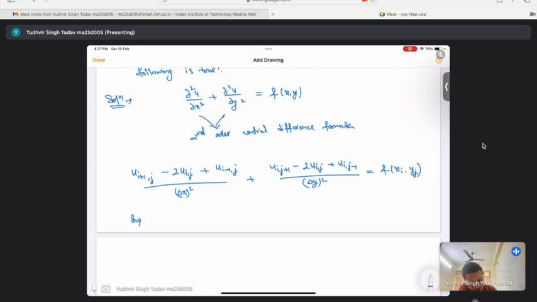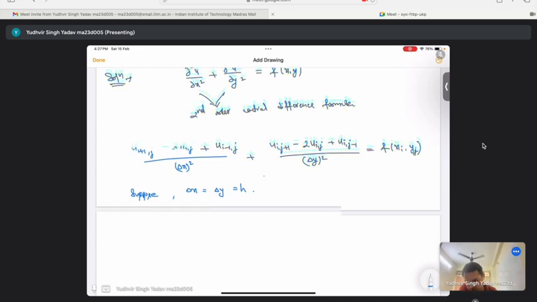Here we suppose that the step sizes in both directions are equal, that delta x equals delta y, denoted by h.